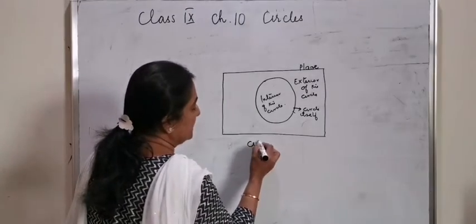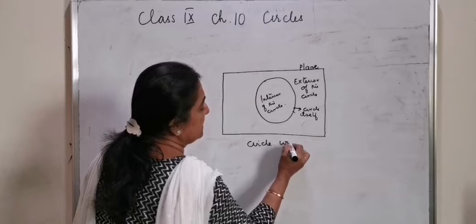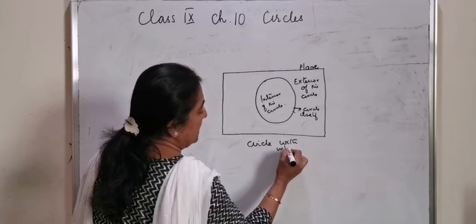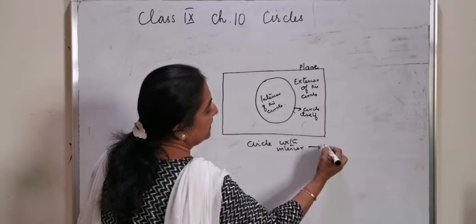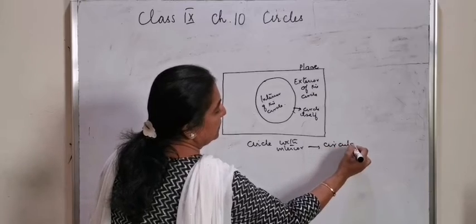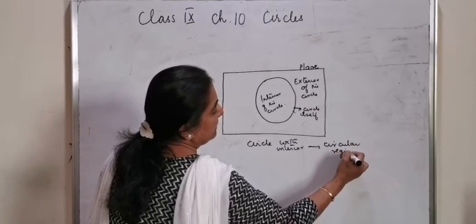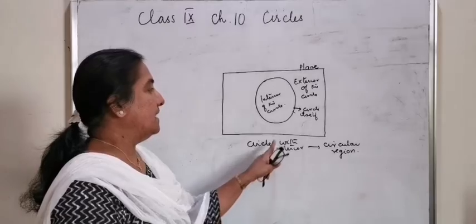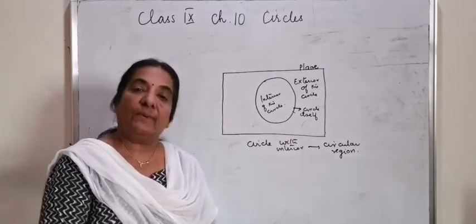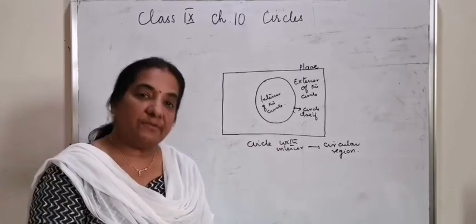And the circle together with the interior will represent a circular region. We used to say the circle along with the interior will represent a circular region.